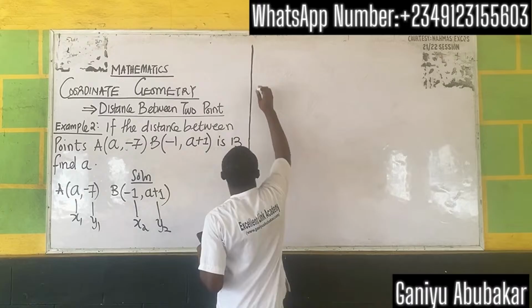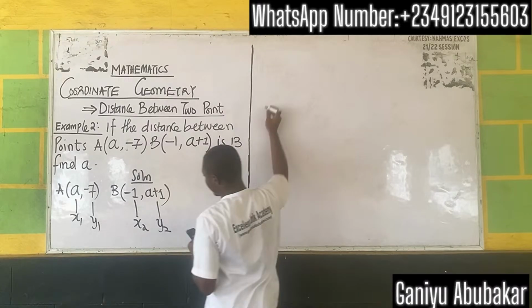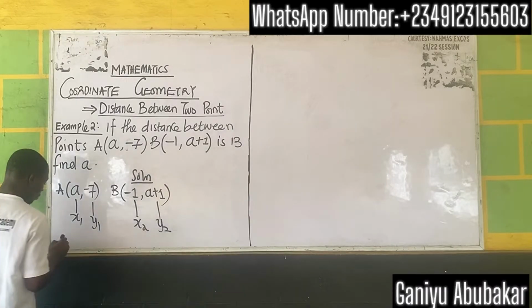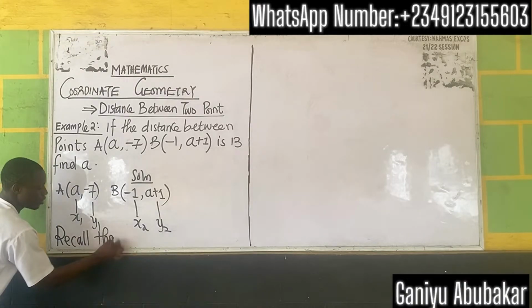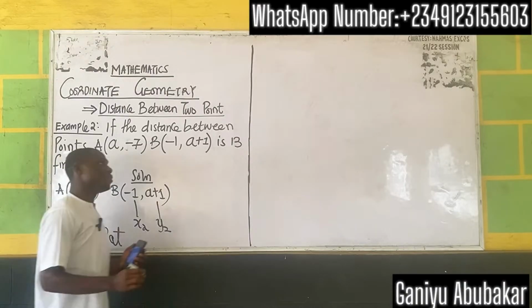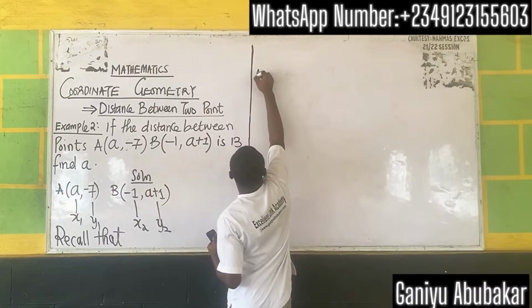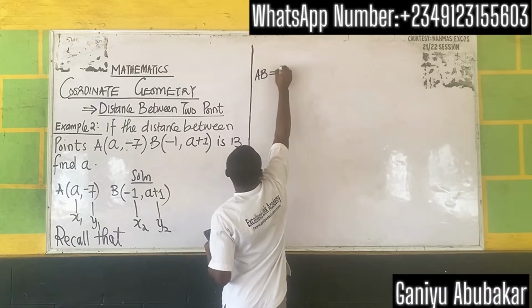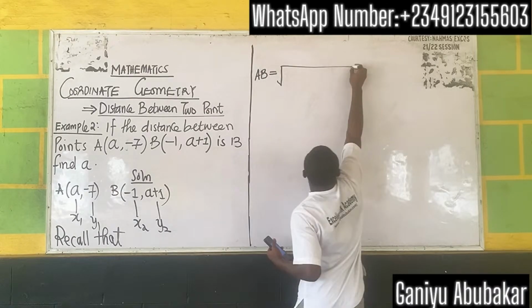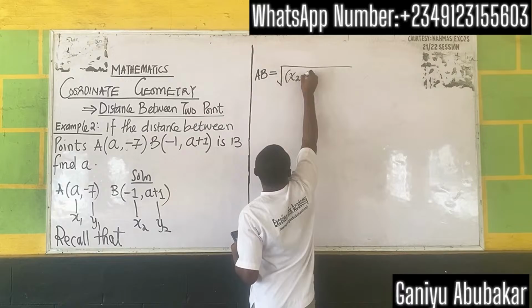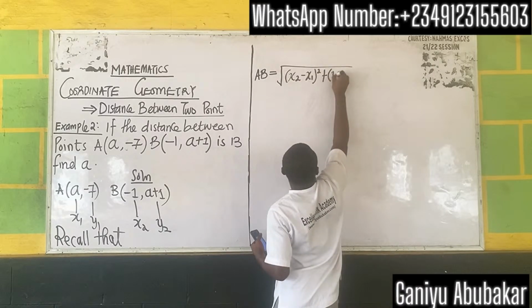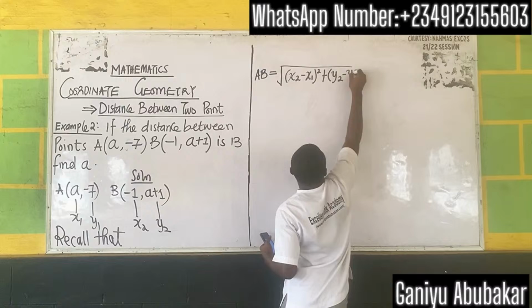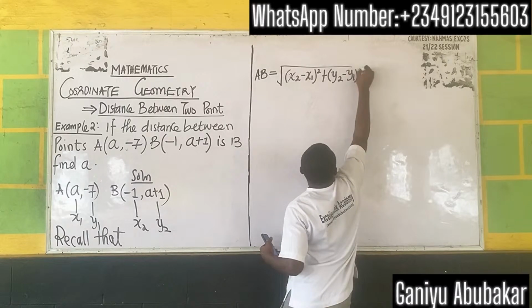Recall the formula. We established earlier that distance AB equals the square root of x2 minus x1 all squared plus y2 minus y1 all squared.